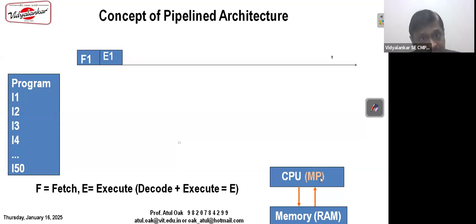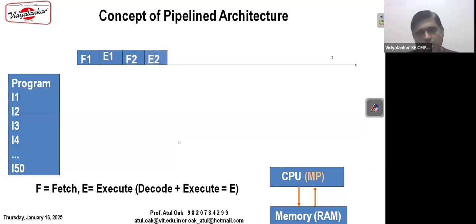Decode means find out the meaning of the instruction, like whether it is scanf or printf. Then you execute, that means you run that instruction. That is E1. And do it for all instructions sequentially like this. Observe it. Fetch instruction 2, decode, execute instruction 2. Fetch instruction 3, decode, execute instruction 3. Fetch instruction 4, decode, execute instruction 4, and so on.